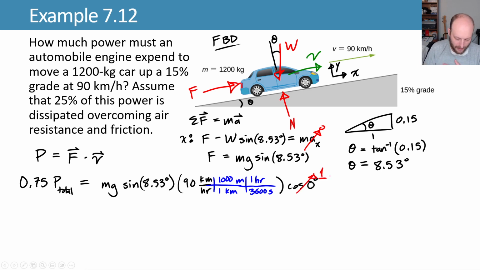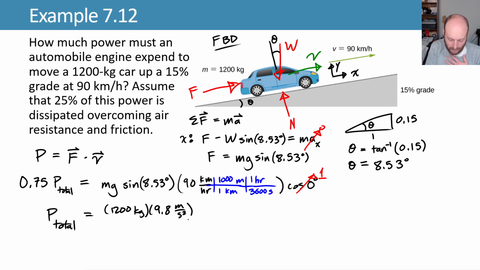All right, we now divide by 0.75 on both sides, and now that will tell us the total amount. So in plugging this in, I guess I'll write some more numbers here. My total power ends up 1,200 kilograms times my 9.8 meters per second squared times the sine of 8.53 degrees times what we get from this, which is 90 times 1 over 3.6.